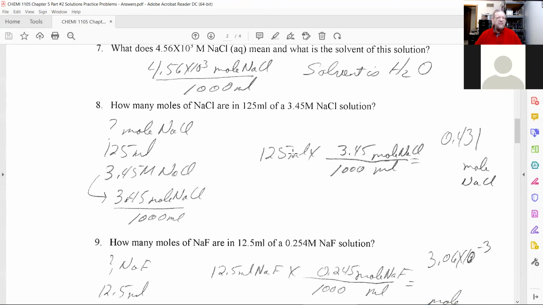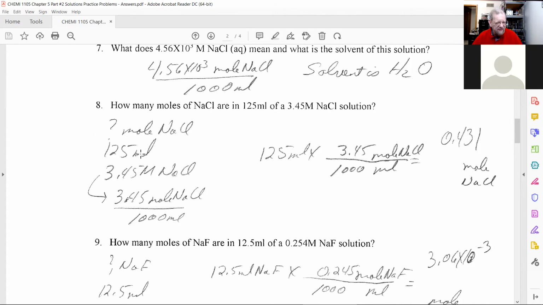How many moles of sodium chloride, NaCl, remember, please pass the NaCl, remember NaCl's table salt, are in 125 milliliters of a 3.45 capital M NaCl solution? So when you look at this problem, what are you being asked to find? Moles of sodium chloride. What are you given?